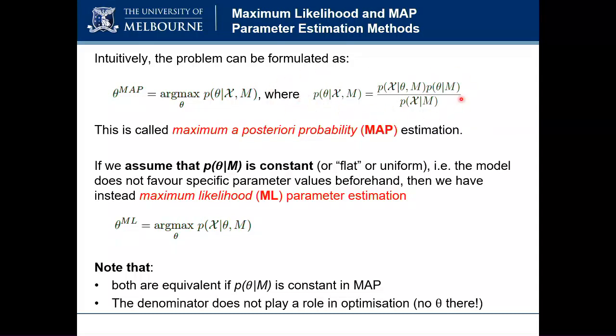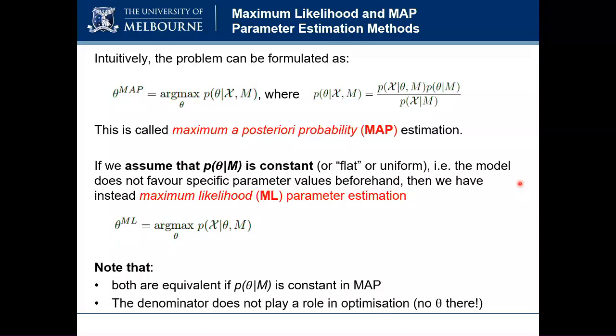Again, if I write it this way, with M also taken into account, you see here this denominator actually doesn't play a role. Then if I have a prior, if I suspect that certain parameter values are more probable, then I can take it into account here. You see? Because I multiply p of x given theta with this. So this is also taken into account. But if it's constant, the probability of theta given M, all of the parameter values are equally probable, a uniform distribution, that means I don't know anything about the parameters, I have no prior knowledge.